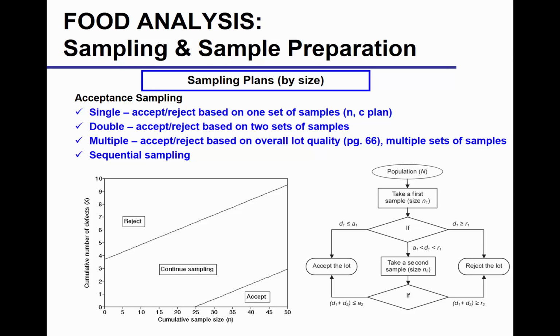If you got 10 samples and you got 3 defects, you're still here. You continue your sampling. If you got, let's say, 40 samples and then you got 1 defect, you accept and you stop sampling. Okay?